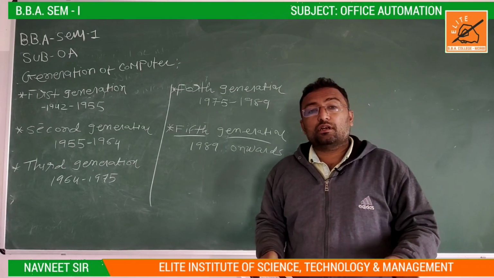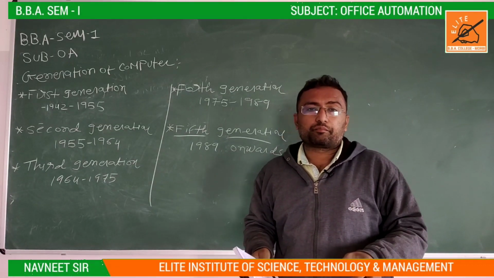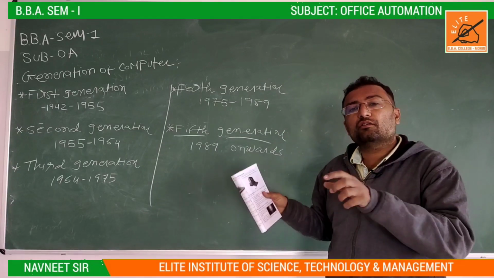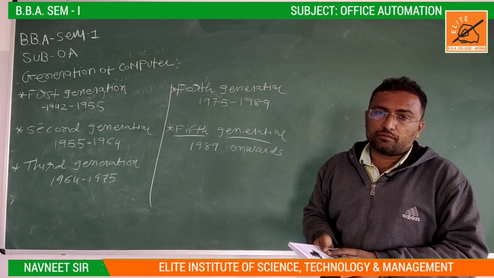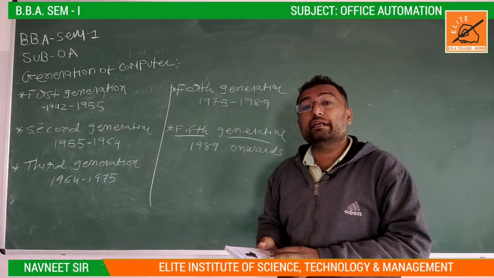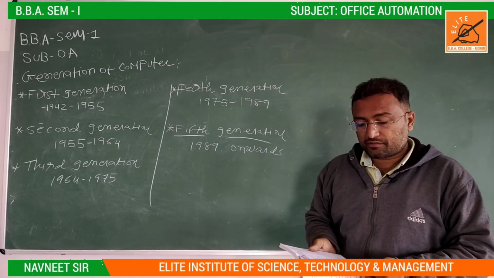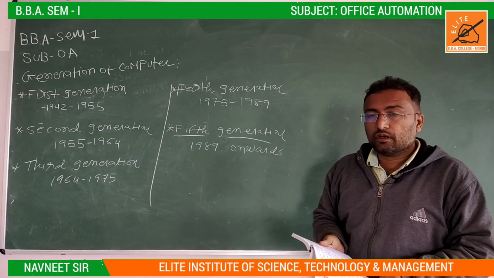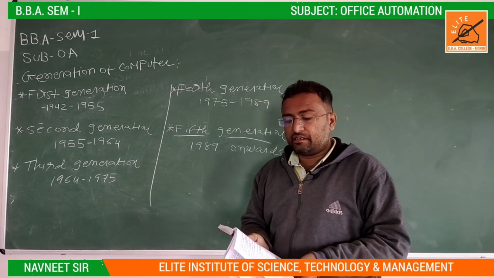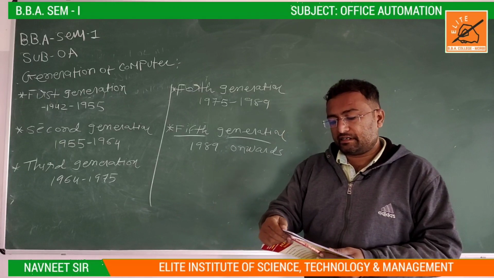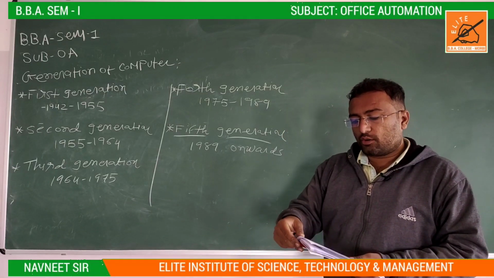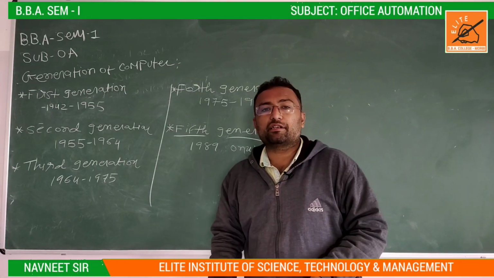And artificial intelligence is also used in fifth generation computer, that is used in robotics. What is artificial intelligence? It is similar to human intelligence, such as the capability to decode and respond to human language.